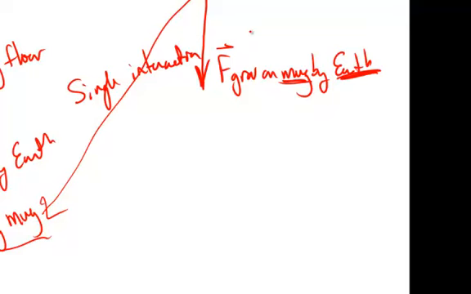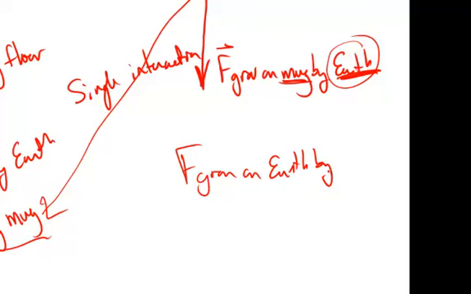So the third law pair for this one would appear on the free body diagram for the Earth, and it would be called F grav on Earth by mug. It would have the same magnitude as this force, and its direction would be opposite. So in other words, the mug is pulling up on the Earth with a force equivalent to the weight.